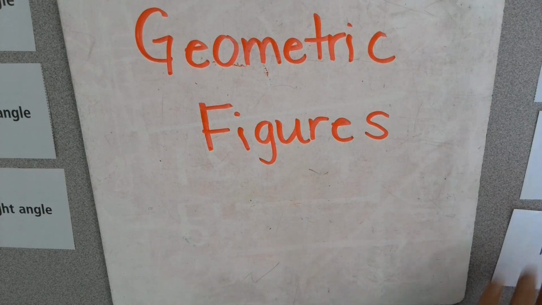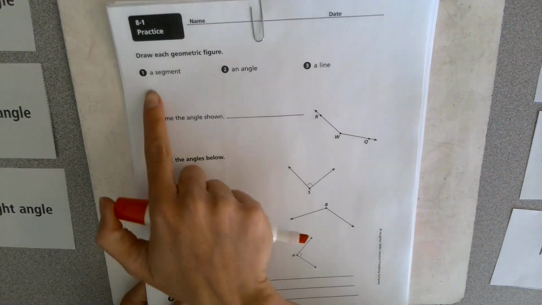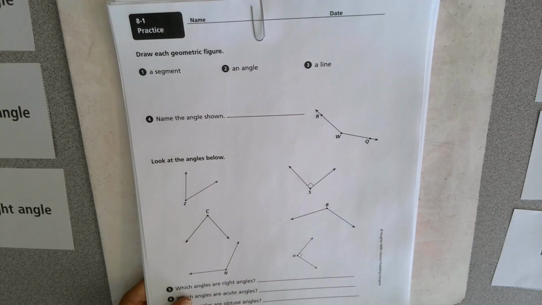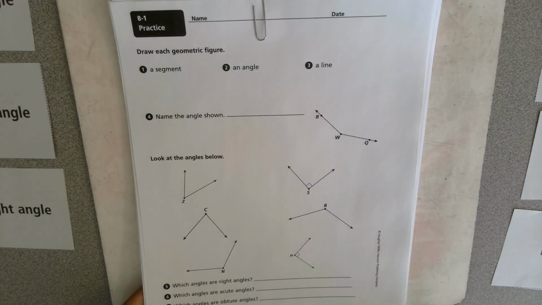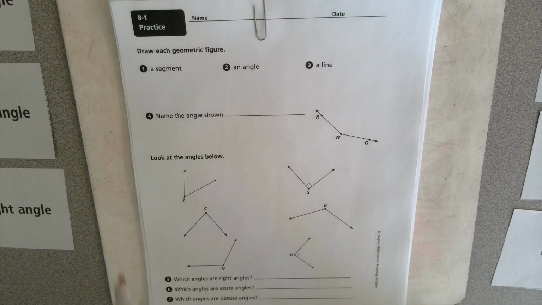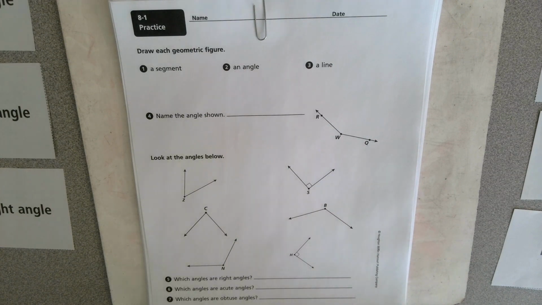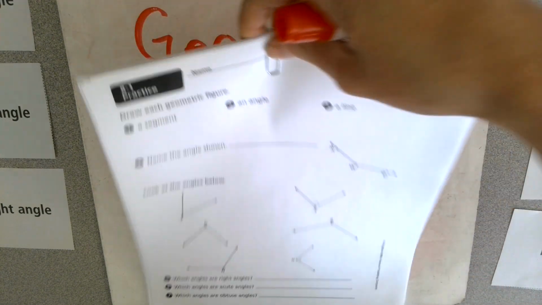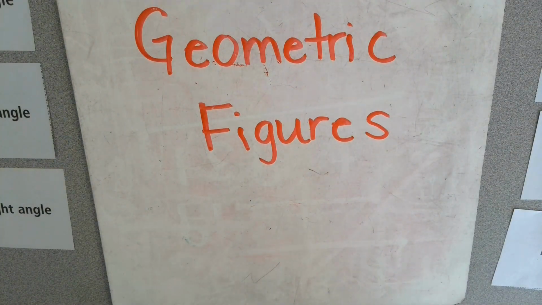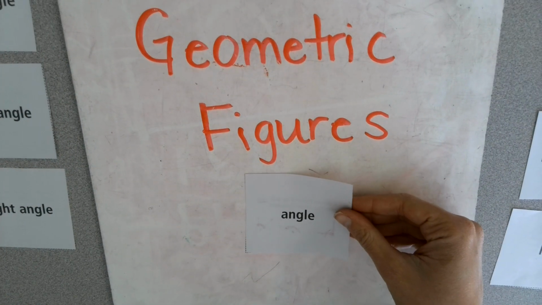So that part right there should help you with numbers 1, 2, and 3 on your 8.1 practice sheet. Now to help us with 4, 5, 6, and 7, to help us with the rest of this sheet, we are going to be talking about the specific kinds of angles. Angles was something that we talked about before.